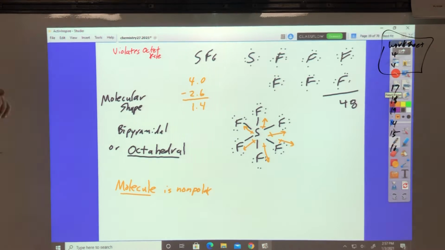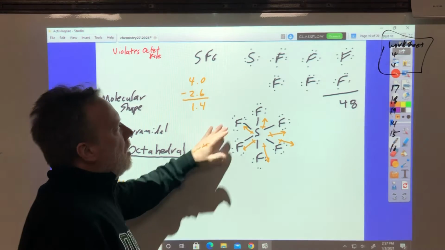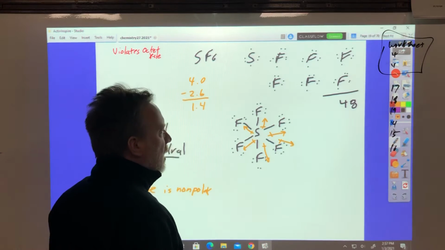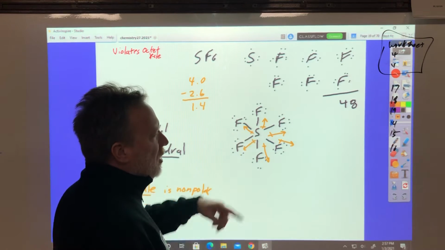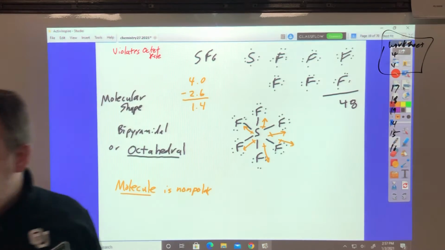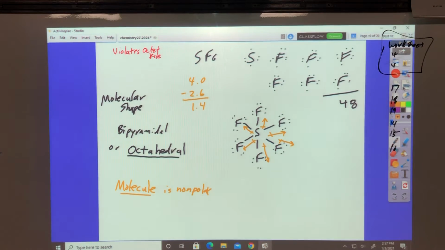Okay, SF6, that was the bottom one on that page 263, I think it was. SF6, 48 electrons total, sulfur in the middle. This does not follow the octet rule at all. In fact, I doubt that I have this one in here to show it to you. Let's try taking a look. 1, 2, 3.